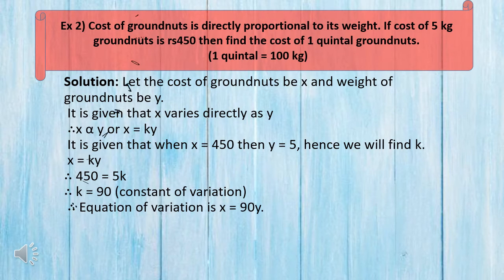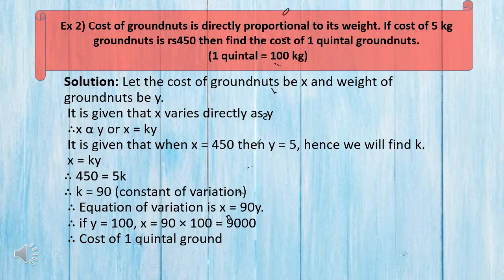Therefore, we will write it in the mathematical symbolic form, that is x alpha y, or x is equal to ky. It is given that when x is equal to 450, that means x is what? Cost of groundnuts. Then y is equal to 5. Y is what? Weight of groundnuts. Hence, we will find k.